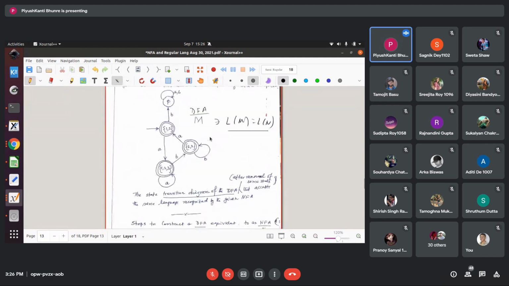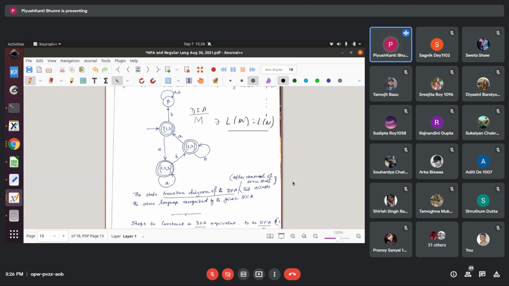So, now we have done the proof also. We have come up with one example, and using that example we learned how to construct the DFA that is equivalent to an NFA. So next time, if I give you some other NFA, you have to construct the DFA. I will give one assignment problem.